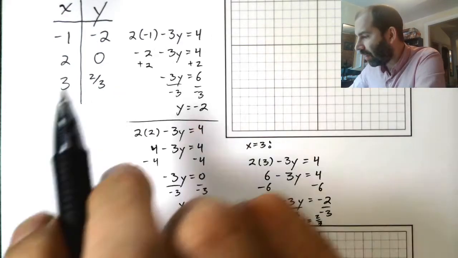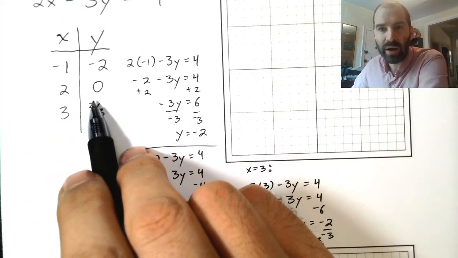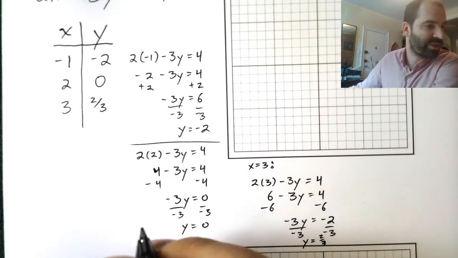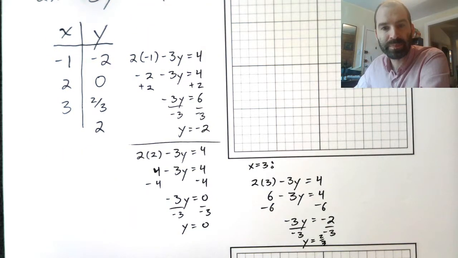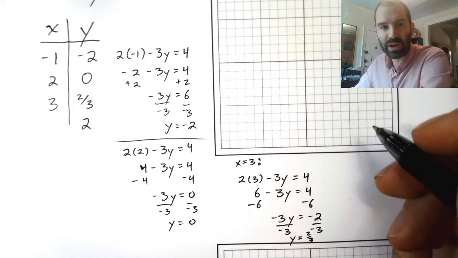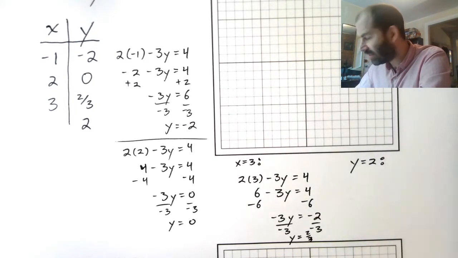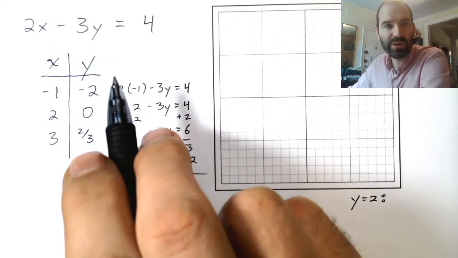So let's try one more value. We've been picking numbers for x and finding y. Do we have to pick numbers for x and find y, or can we choose numbers for y first? We could totally find numbers for y first. So let's see, I had one ready here. I think 2 would be a good idea. So we're going to look at y equals 2 and see what that gives us. In place of y, I'm going to put a 2.